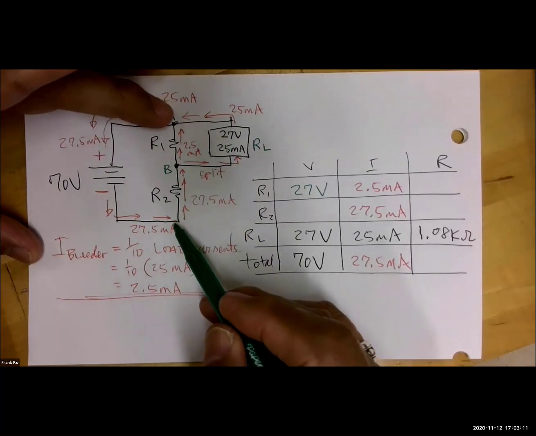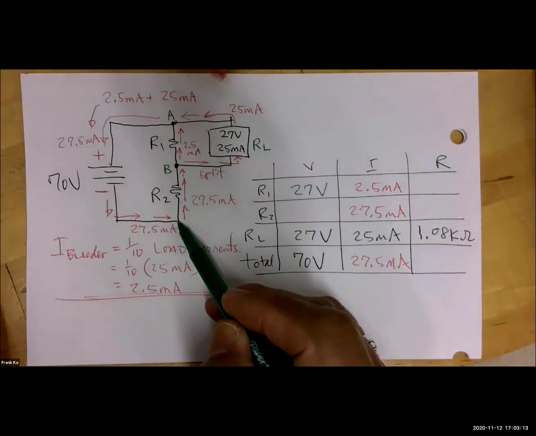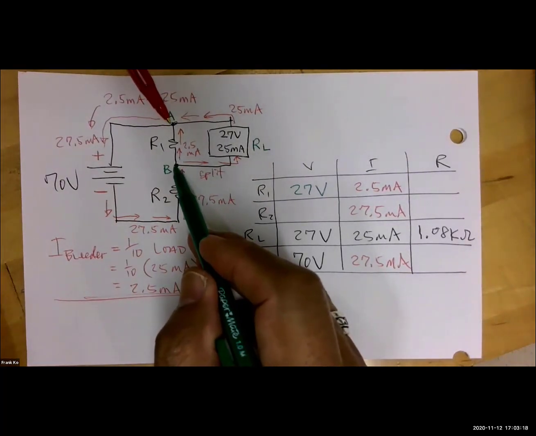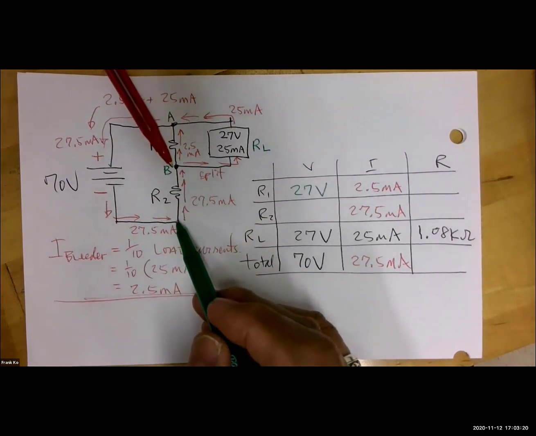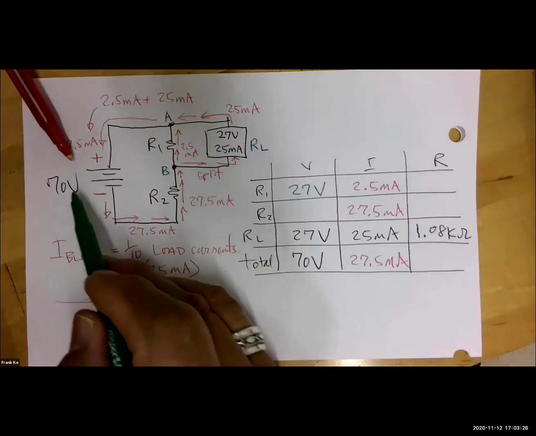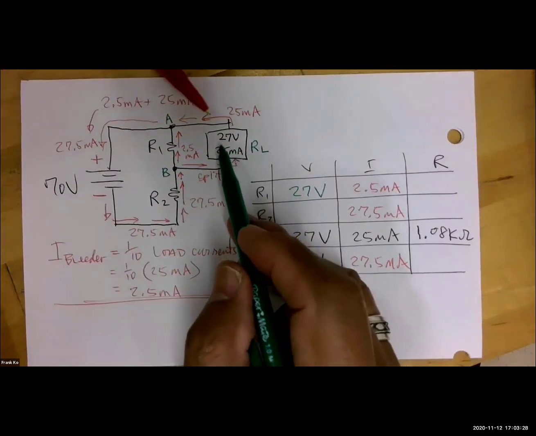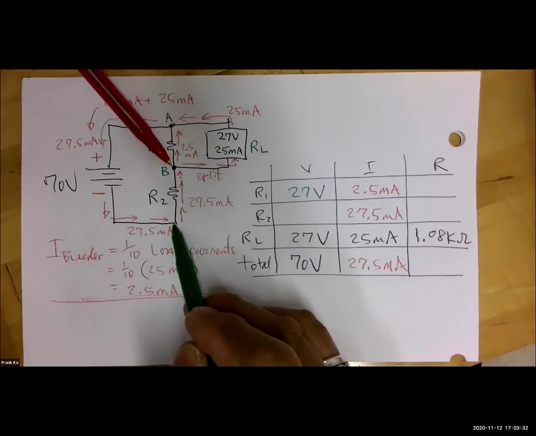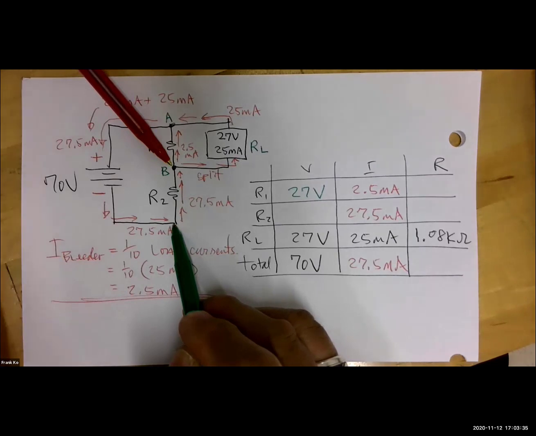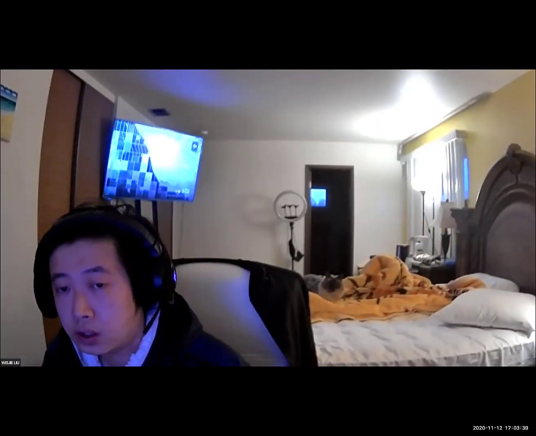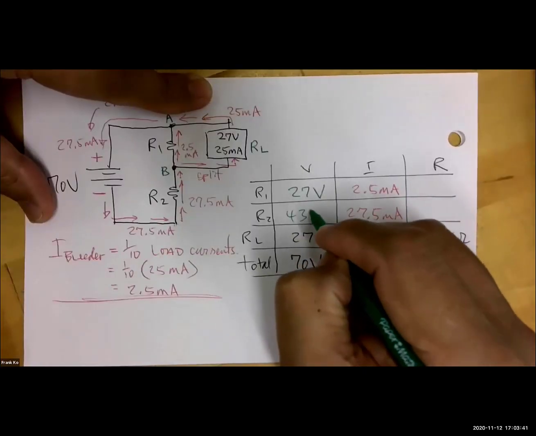So if you start off with a total of 70 and we lose 27, then you use subtraction to find what's left across R2. It will be 70 minus 27 remaining across R2. And what value do you calculate there? 43 volts.